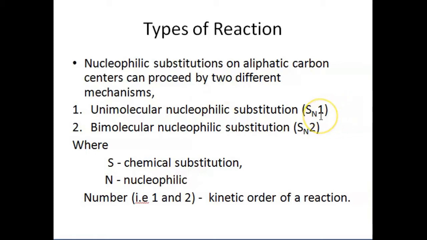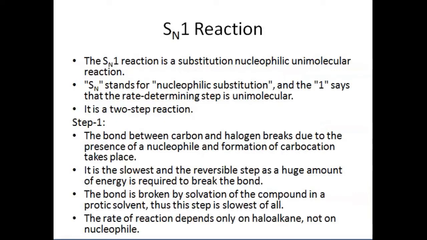We know them as SN1 and SN2 reactions, where S stands for substitution, N stands for nucleophilic, and the number 1 or 2 is the kinetic order of the reaction. So let us first talk about the SN1 reaction.